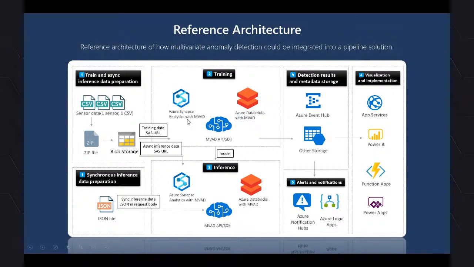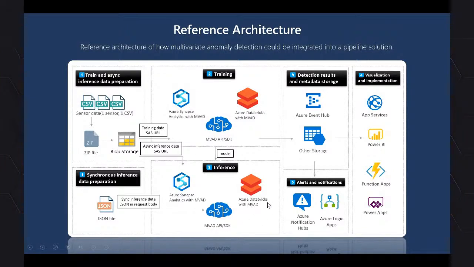to use Azure Synapse Analytics with MVAD, which is the multivariate anomaly detection. And you can also use our API or SDK. And you can also use Azure Databricks with multivariate anomaly detection. And after you train the model, you can do inference on your inference data. You can also use Azure Synapse, and you can use the MVAD API SDK.